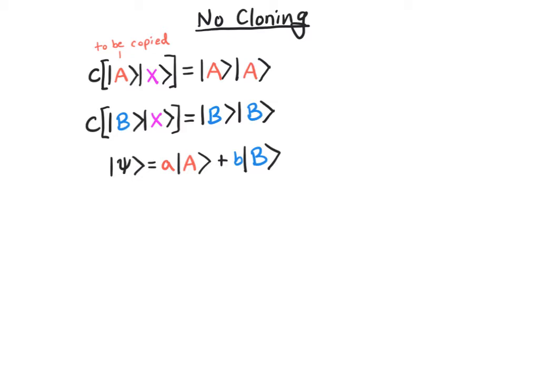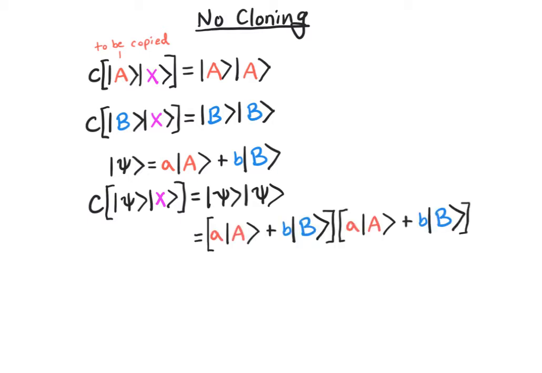We want to ensure that our copy process works for this state as well as it works for A and B. That means the final state should be two systems both in the state psi. We can express this in terms of A and B as well.